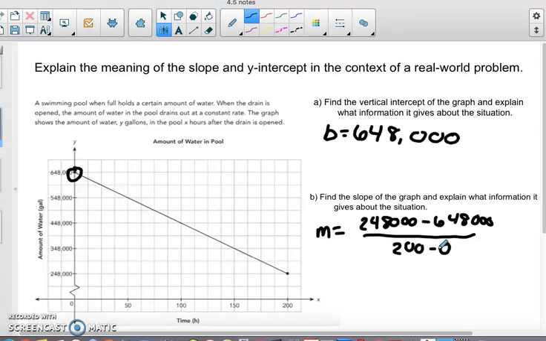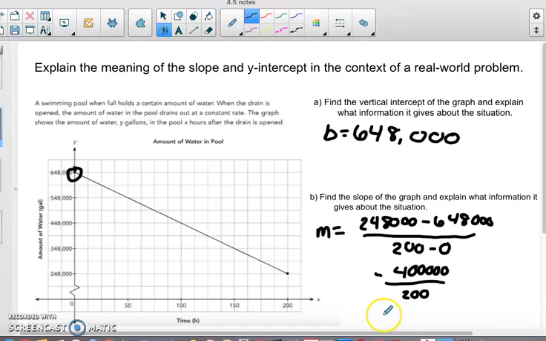So 248,000 minus 648,000 is negative 400,000. And 200 minus 0 is 200.